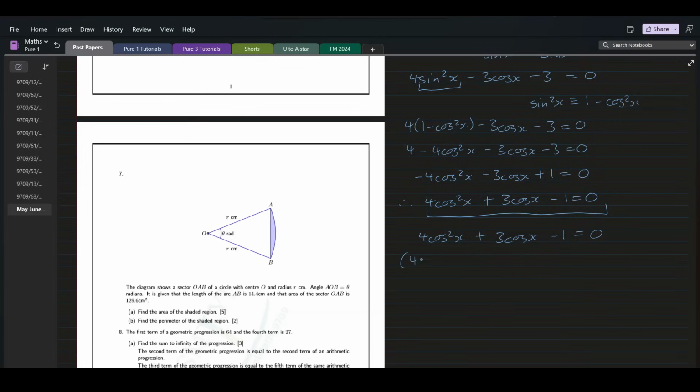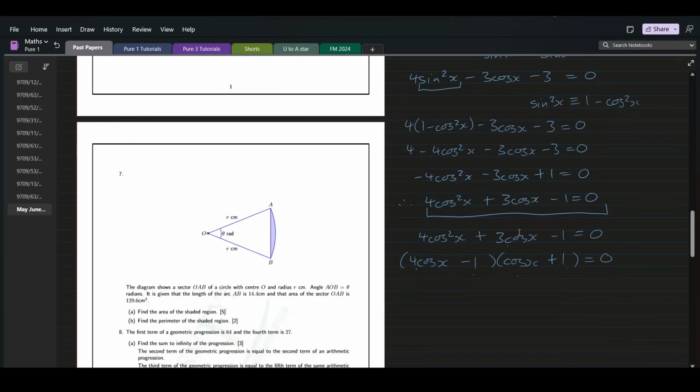We can factorize this, so that's 4 cos x, and we have cos x here, factors of negative 1. We're going to do a positive 1 over here and a negative 1, so that we're 4 cos x times 1, which gives us 4 cos x, minus cos x, which leads to 3 cos x.